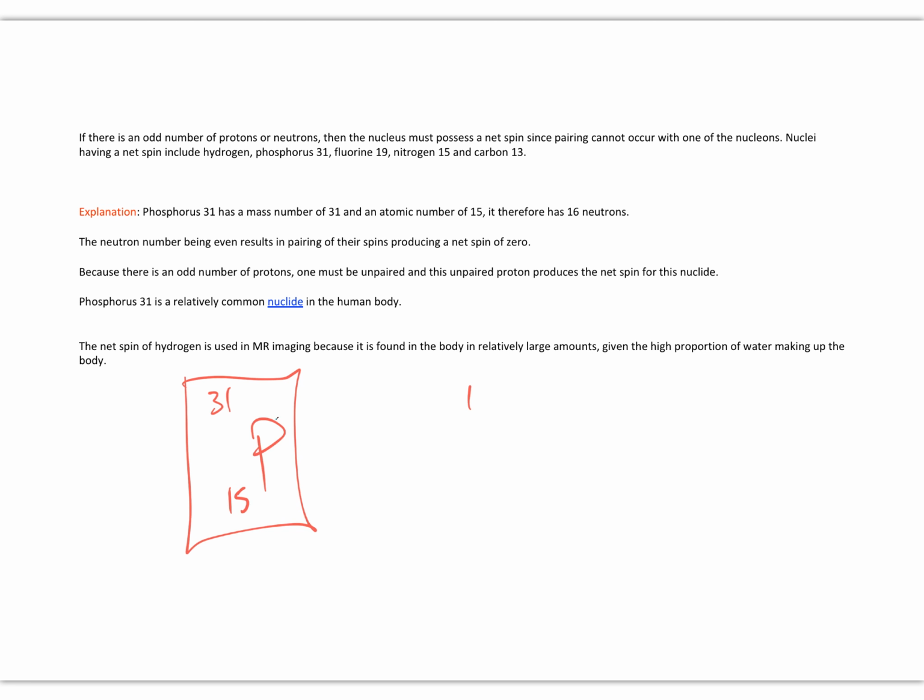Its number of protons is 15 plus 16 neutrons, which gives us the 31 total nuclear particles. Okay, total particles, total protons in the nucleus. This is an odd number, so there's going to be one spin left over. Could be plus a half or minus a half, but it's a net spin.